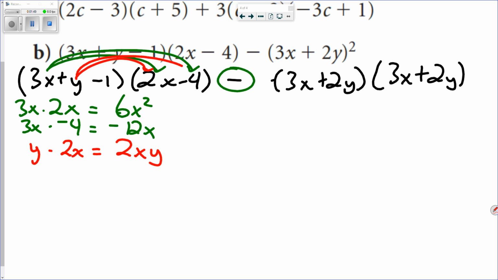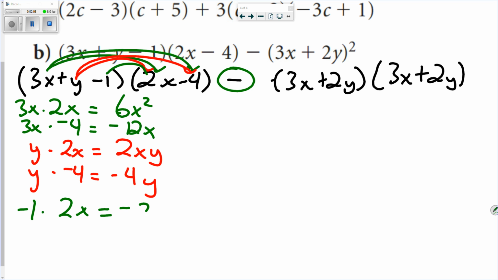And we have y times negative 4 is negative 4y. And then we have negative 1 times 2x is negative 2x. And negative 1 times negative 4 is positive 4. So we've expanded the first part.